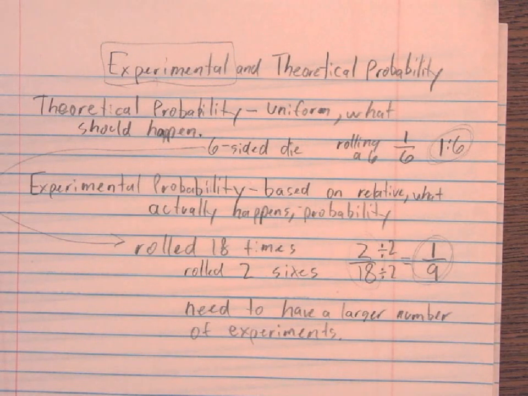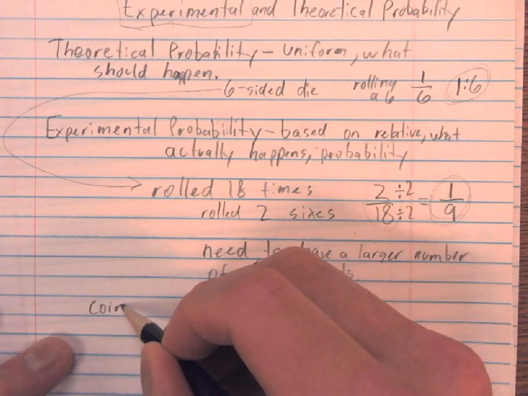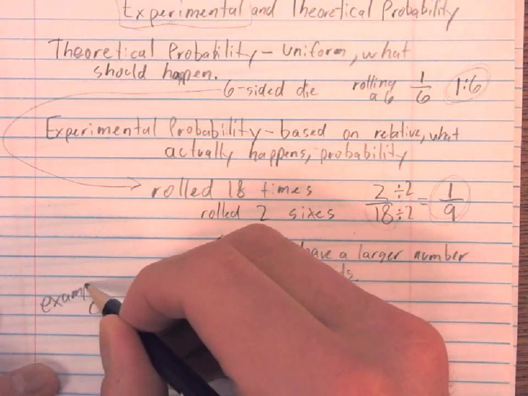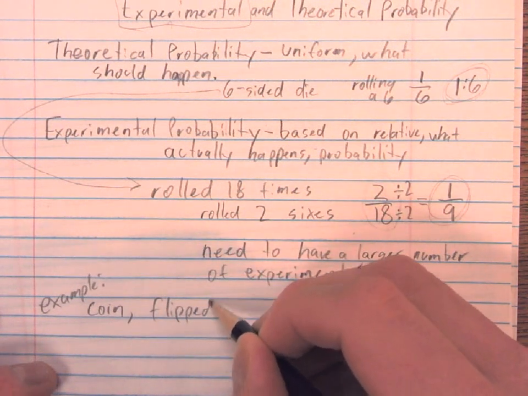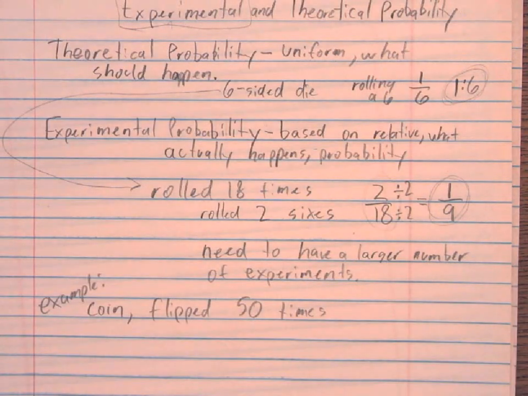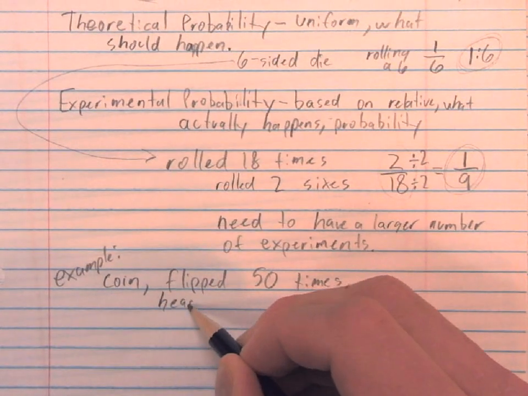So let's think of another probability here. Let's say a coin. If I have a coin and I flip this coin, here's another example. We flipped it 50 times. Now, ideally, what would the probability of a coin landing on heads be? What are the chances of it landing on heads?